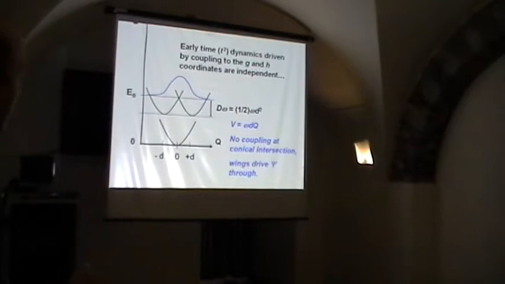Now, the early time dynamics driven by the coupling to the G and the H coordinates are actually independent at this level. And so what's going on with this early time dynamics? The critical thing is that there's no actual coupling right here at the conical intersection. It's the wings of the wave function that feel the coupling. And they're what's driving your system through.